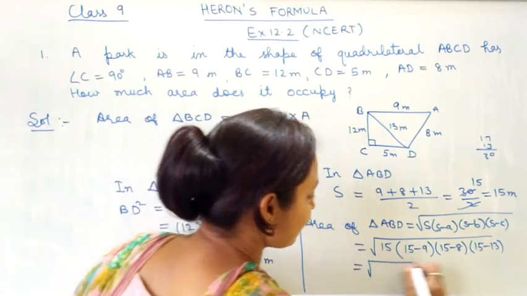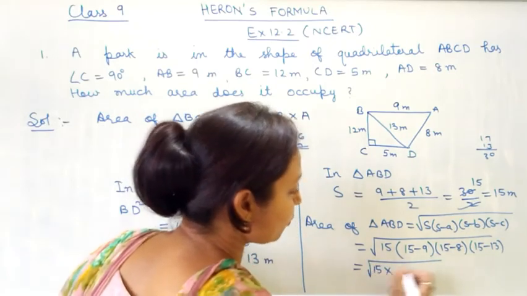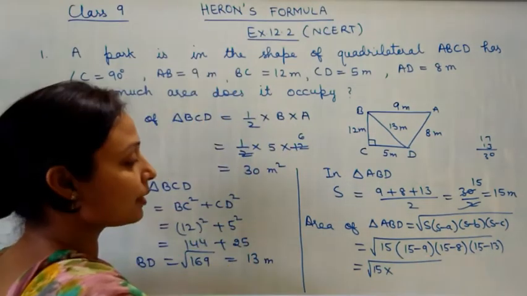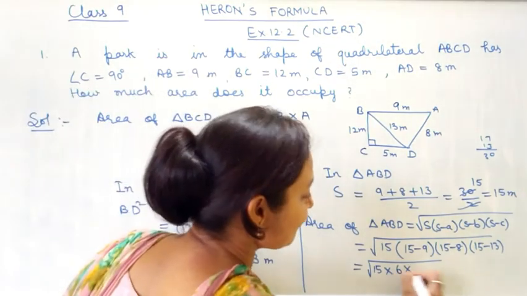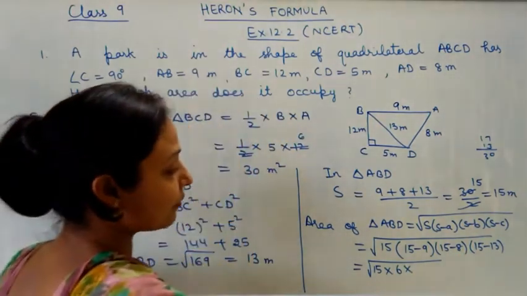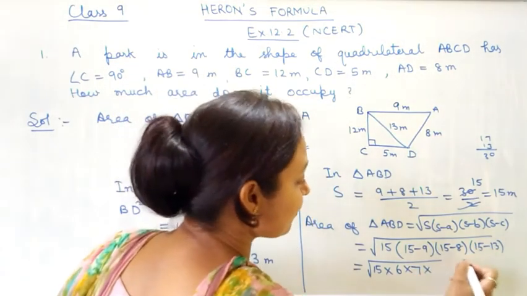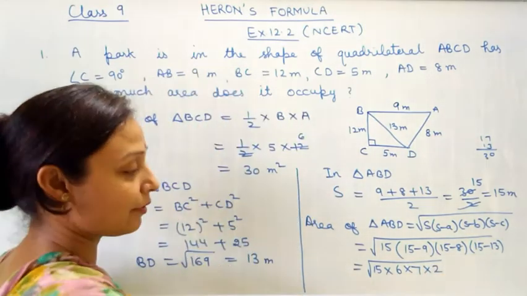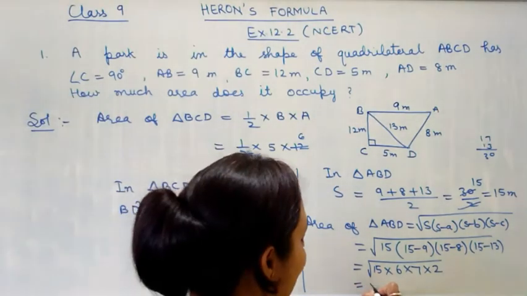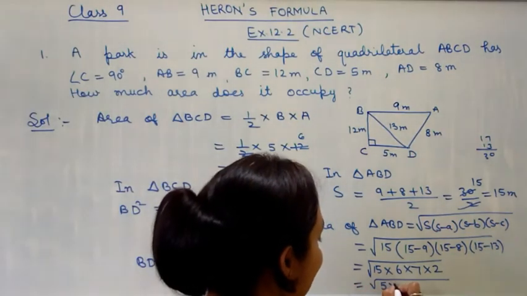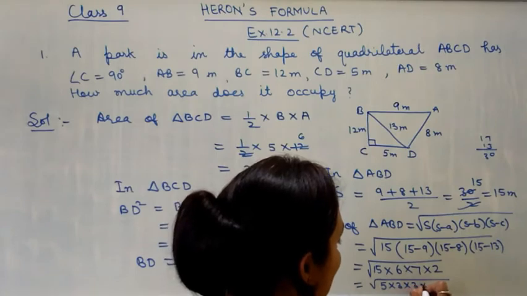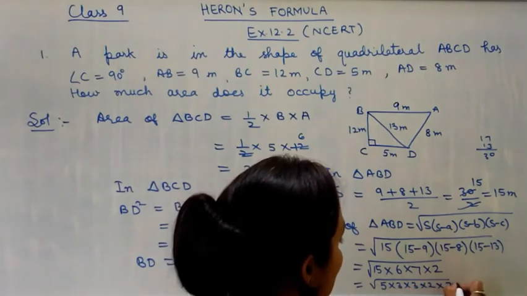Taking the subtraction, 15 minus 9 is 6, 15 minus 8 is 7, and 15 minus 13 is 2. Now again take the factorization: 5 into 3 into 3 into 2 into 7 into 2.